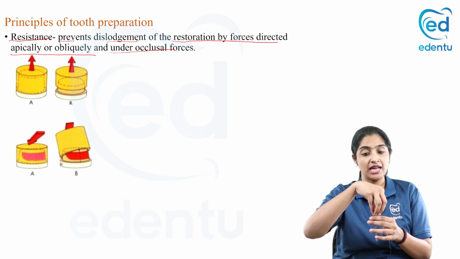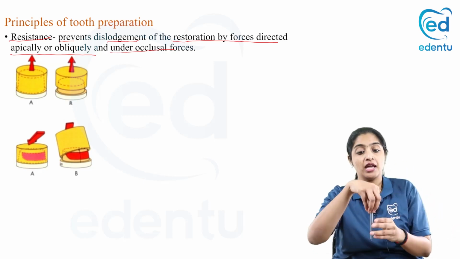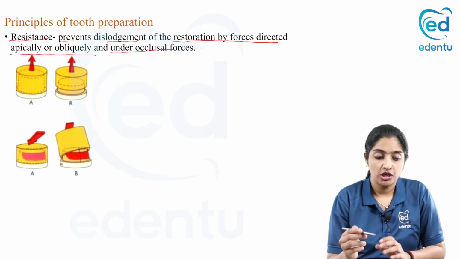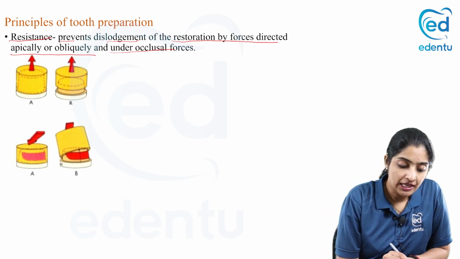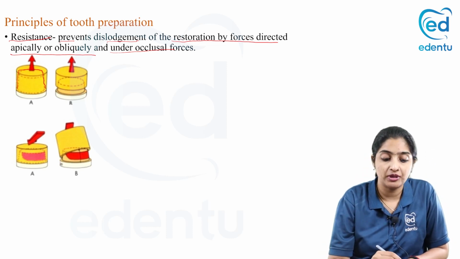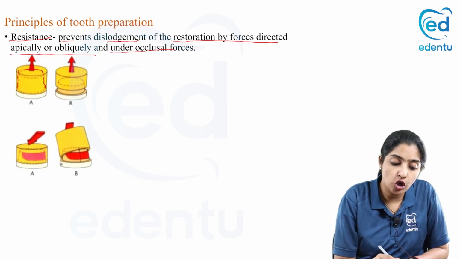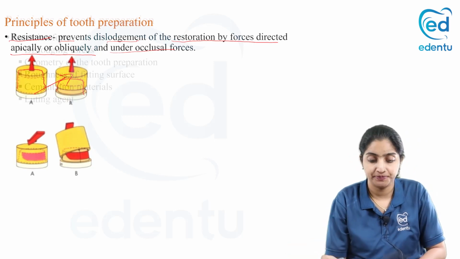When a crown is placed and you give oblique forces, that is lateral forces, it should not displace out. So, in this, you see, the taller the tooth, the lesser the chance of displacement during oblique forces. Whereas the shorter the tooth, when you give an oblique force, it will just pop out.